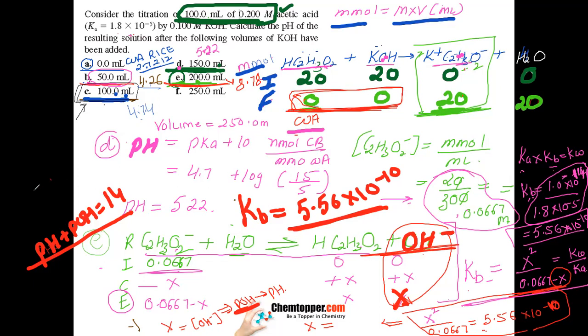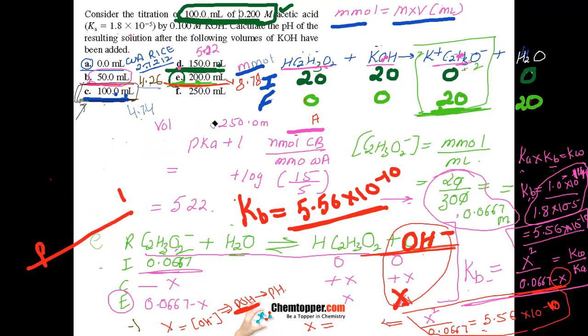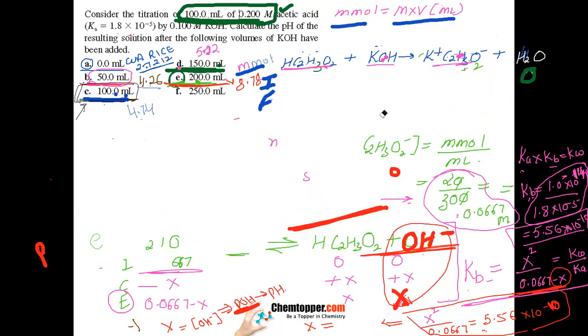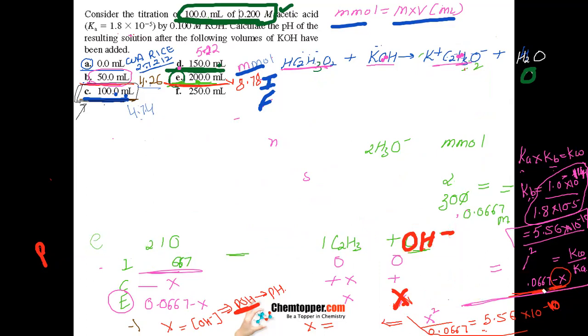Okay, I'm going to erase this now, this part. Now we are on the F part, the last one, the last of the titration. You make the table again, initial, final. We are doing the last part. We have the pH of every part, A part, B part, C part. We did all the calculation.